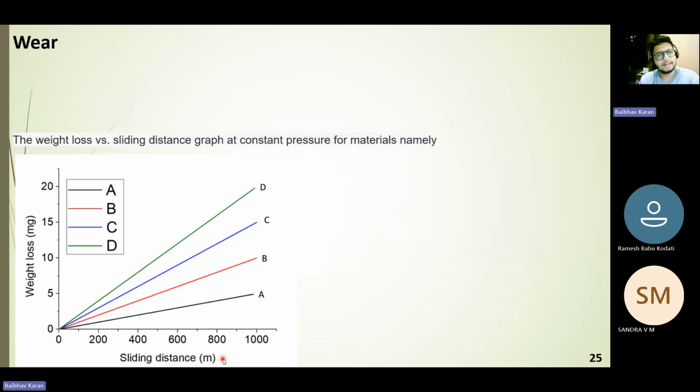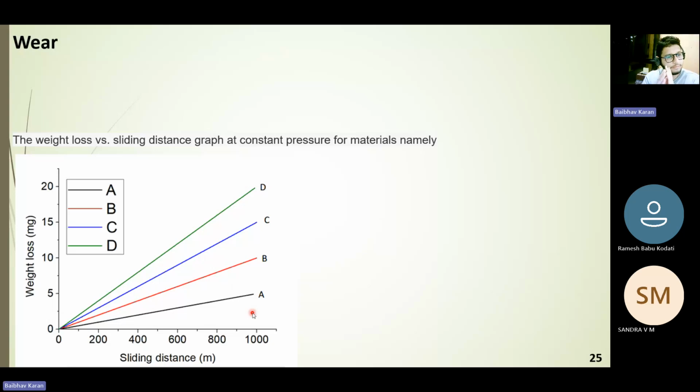That is known as the sliding distance of the sample. So sliding distance versus weight loss, or weight loss versus time, anything you can plot will give you this type of curve. For example, there are four materials A, B, C, D. The pin on disc wear test is conducted on these four materials, and finally you got this graph.